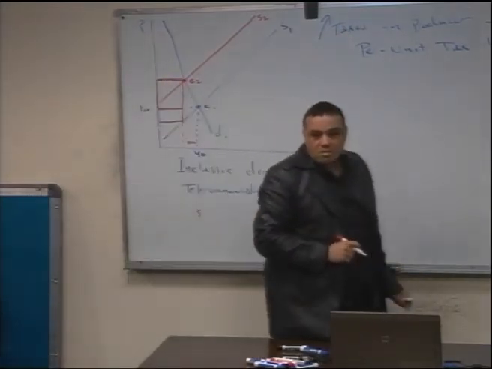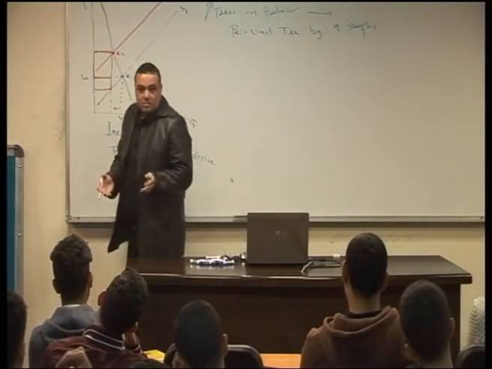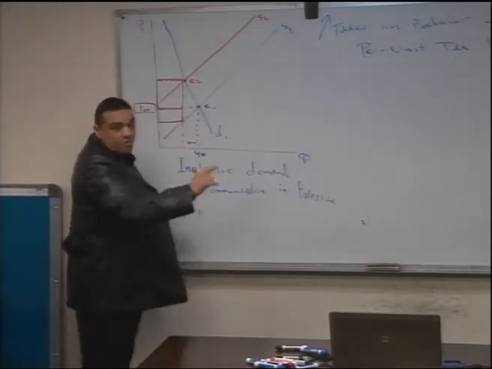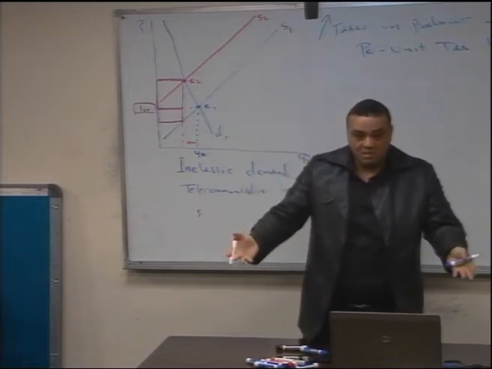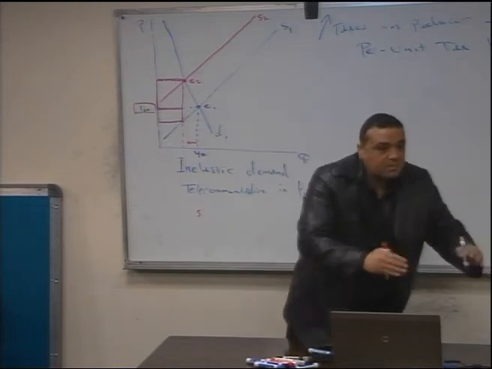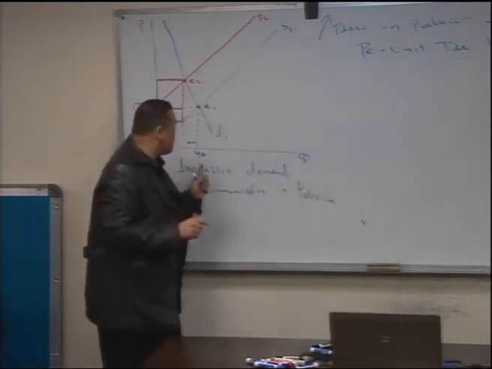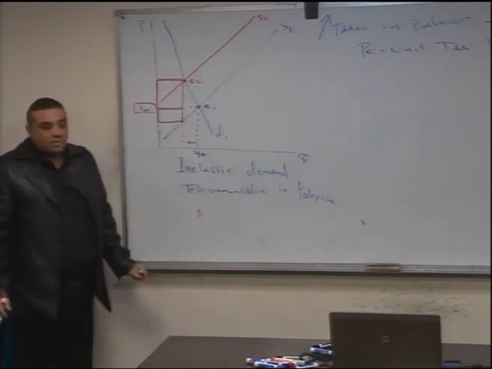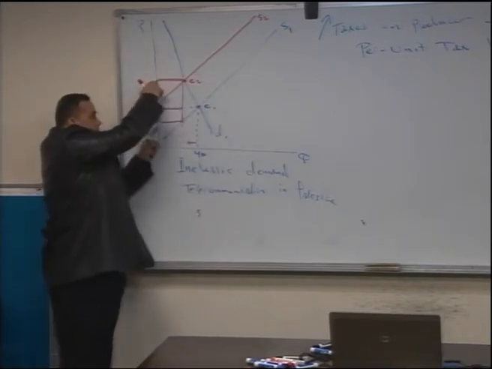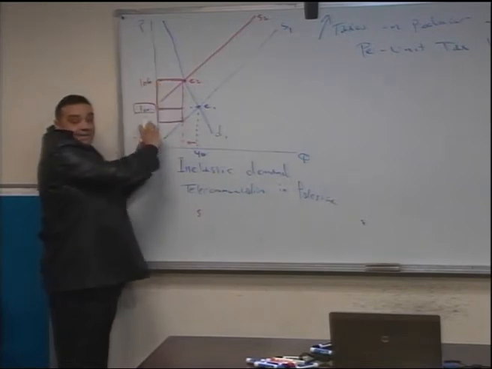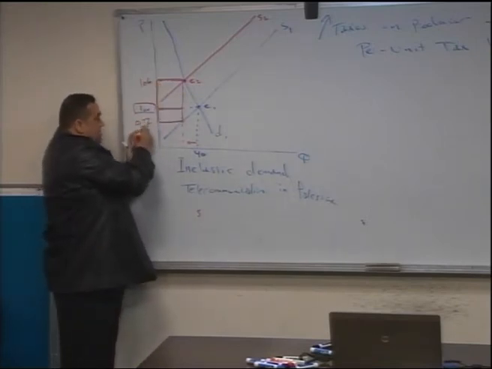What do you expect? Before taxes, before the government intervention, how much did the consumer pay, and how much did the producer receive? The consumer pays 100, and the producer received 100. Now, this distance here is the per unit tax, 9 shekels in total. This could be 106, and here subtract the distance, which could be 6 and this 3, right? 100 minus 3 becomes 97.